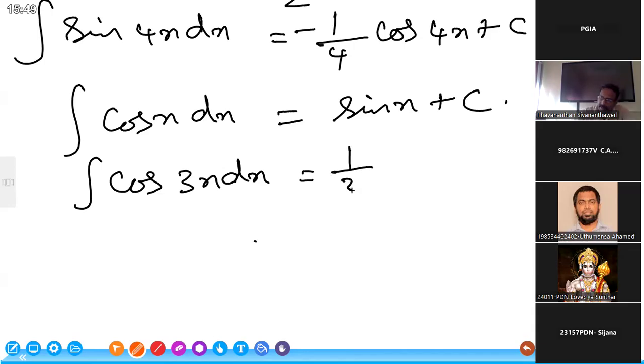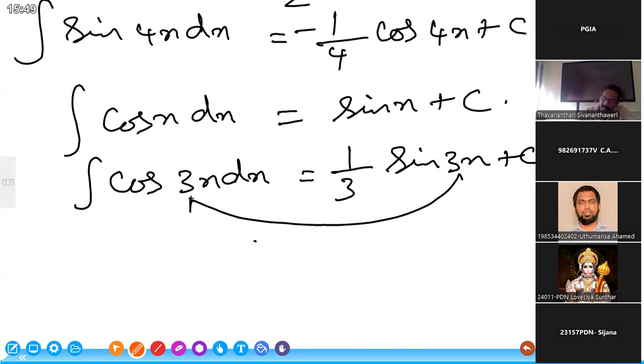Yes, good. Look at the pattern, because if you reverse the process, you get the same answer. Right? 1 by 3 will be cancelled off by differentiating 3x.